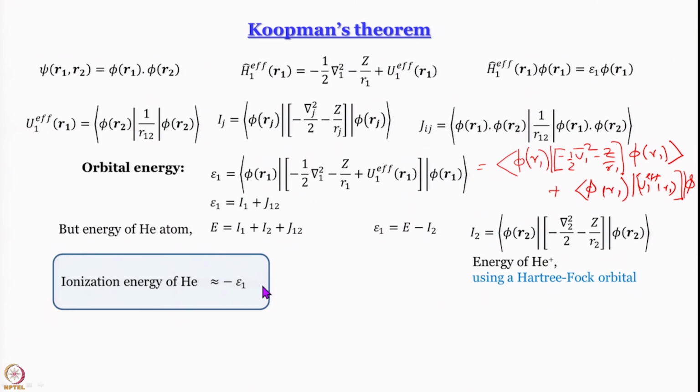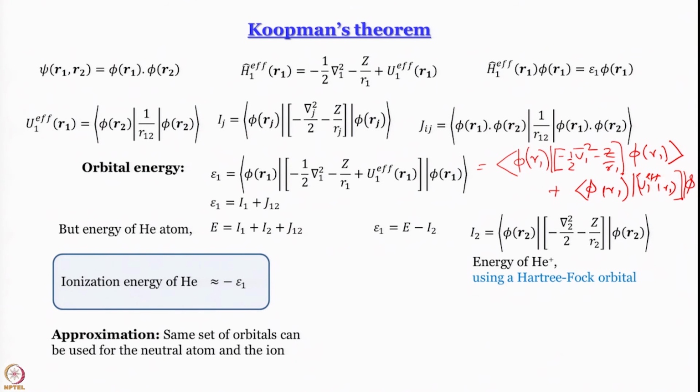What is ionization energy? Energy of He plus minus energy of your helium atom. So, essentially it is going to be minus of the right hand side, so minus epsilon 1. We see that the negative of this epsilon 1 gives us a good measure of the ionization energy of helium, and that is the celebrated Koopman's theorem.